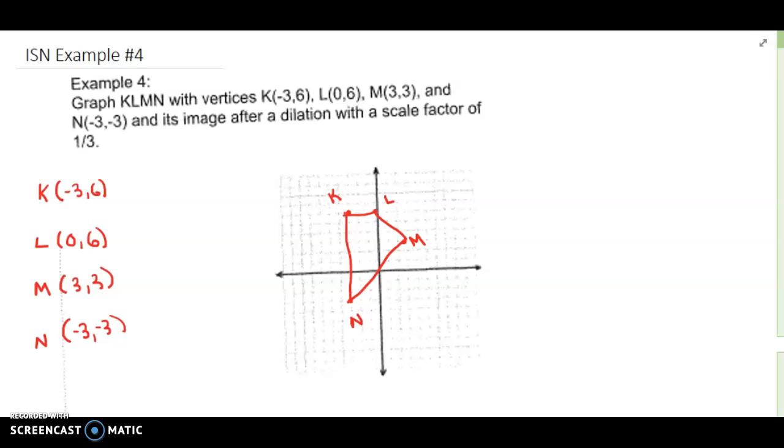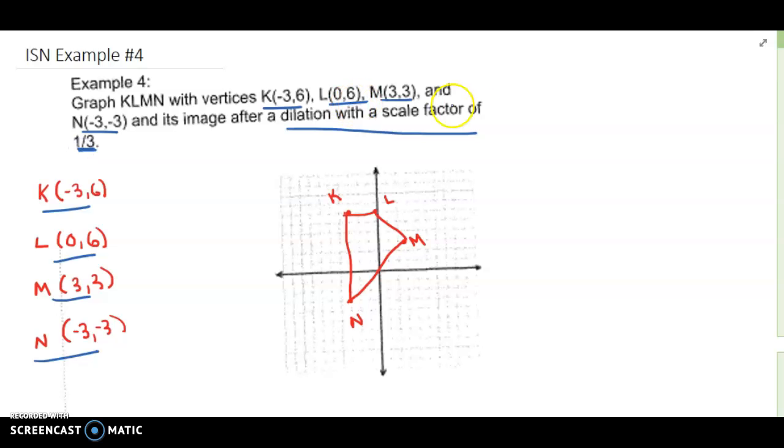All right, let's go ahead and look at example 4. Now, before we start, just to save on time, I want you to write the coordinates here, going downwards. So I just pulled those straight from here, and then also graph those coordinates. So go ahead and do that real quick. All right, so hopefully you've written these out and you've plotted this like you should have. Now we're going to dilate this by a scale factor of 1/3.